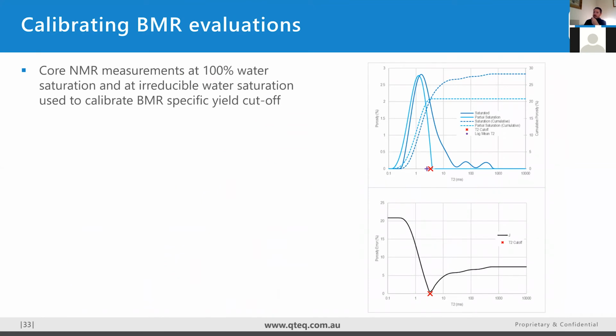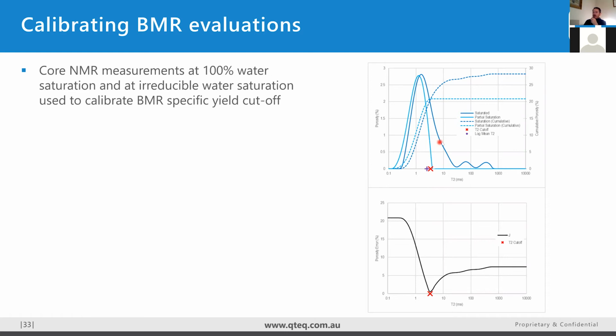They sent off a series of cores. They came back with those cores. We went through and did the analysis, which involves taking the core plug, filling it full of water, taking an NMR measurement in a lab environment, desaturating it, and taking another NMR measurement, which is the light blue curve.